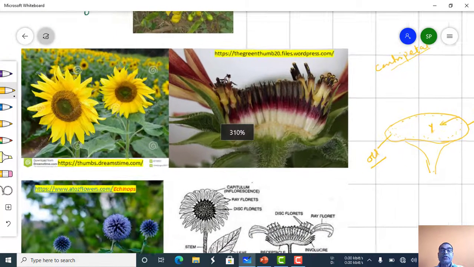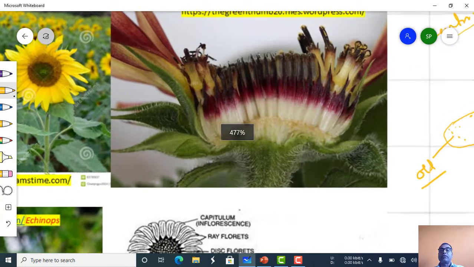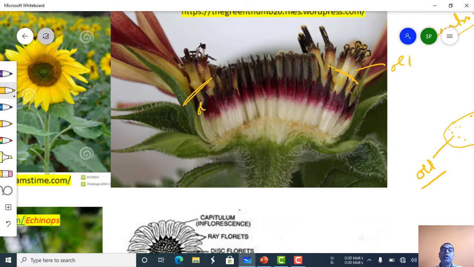If you see, this is a cut section of a sunflower plant. These flowers are older ones, these are also older ones, but these flowers which are present in the center are younger flowers. So this is a centripetal type of succession.